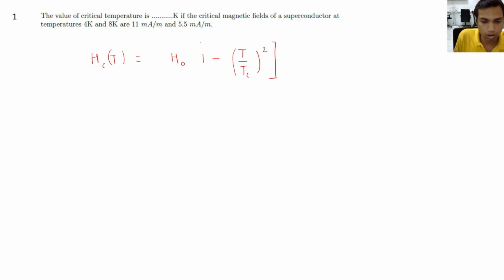So this is the formula that you have to apply. Here we don't know H naught, but we know Hc at two different temperatures. Let's say Hc1 is for 4 Kelvin, T1 equal to 4 Kelvin.